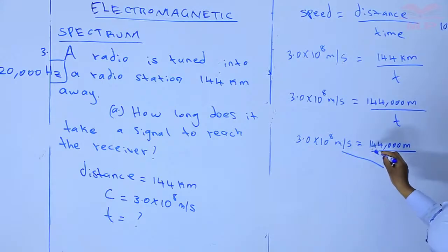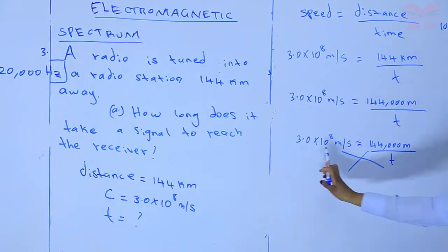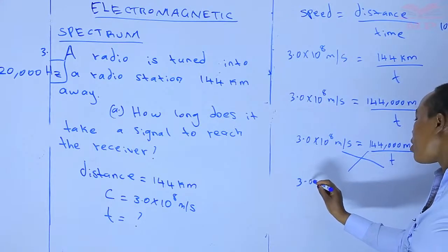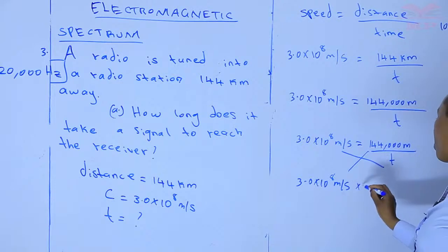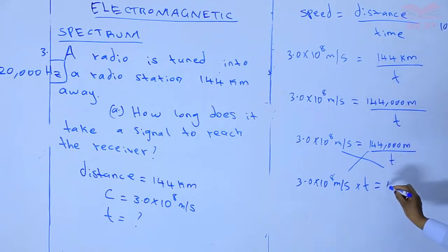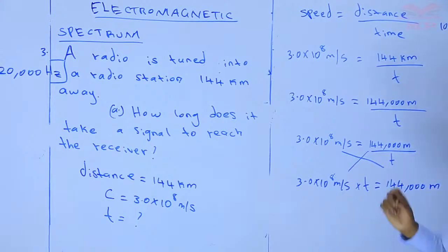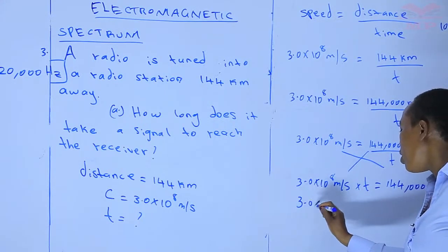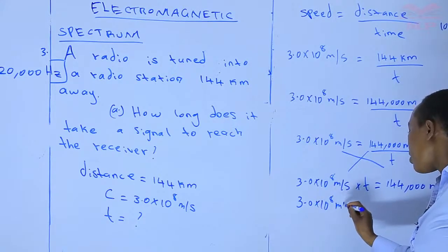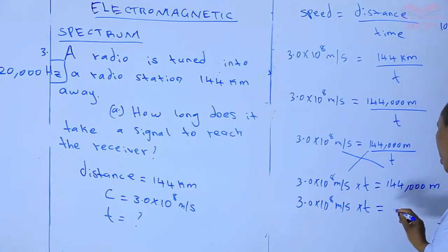So we come and cross multiply. So we are going to have 3.0 times 10 power 8 meters per second multiplied by time equal to 144,000 meters. So remember, we still want to get the value of t, which is the time taken, or want to know how long it takes the signal to reach the receiver.